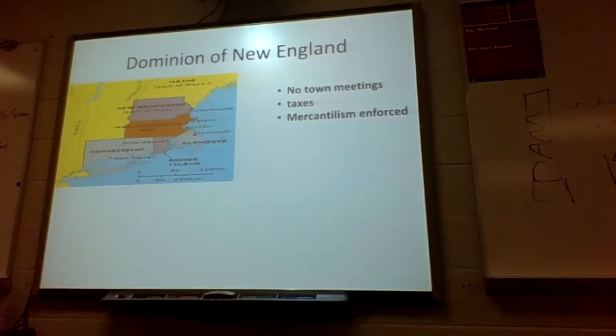You exist for our benefit. Picture the mother spider, and the colonies are the flies caught in the web. That fly is called 13 colonies. That fly is called India. That fly is called parts of the Middle East. That fly is called parts of Africa. You get the idea. All of them exist solely for the benefit of Mother England.